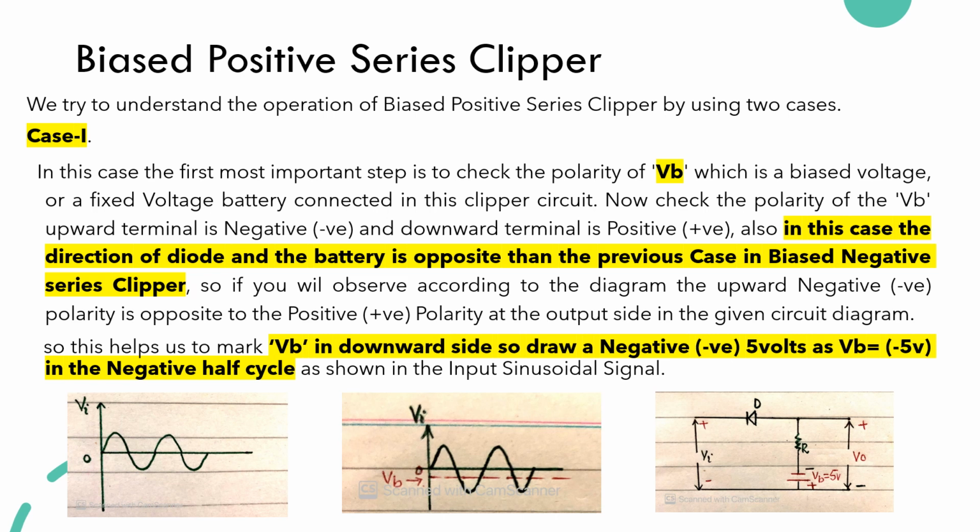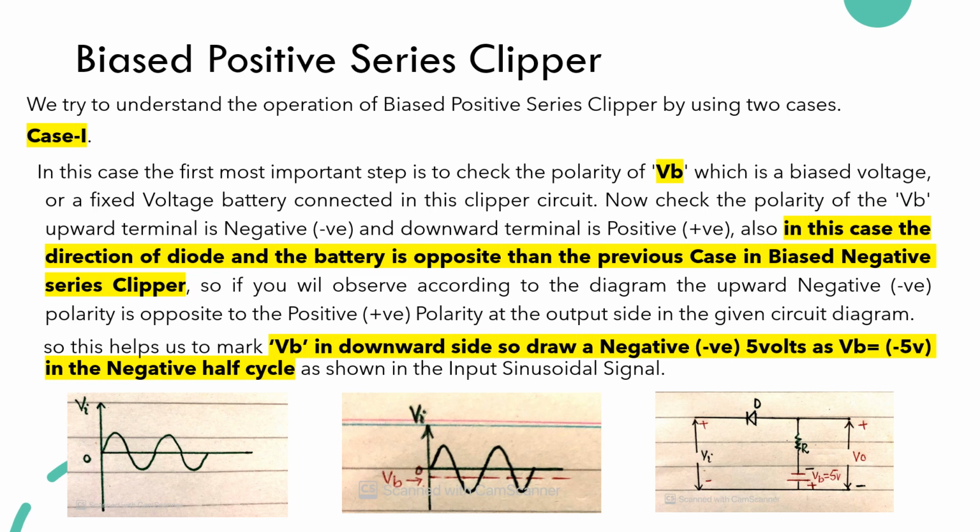In case number one, the first most important step is to check the polarity of VB, which is a biased voltage or a fixed voltage battery connected in series in this clipper circuit. Check the polarity of VB as shown in the figure below. The upward terminal is negative and the downward terminal is positive.